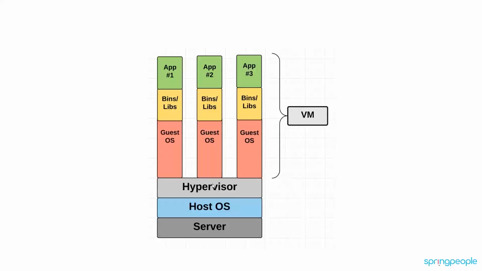We might have tested this against Tomcat 8 or Tomcat 9, some specific version. But what we give as an artifact to our DevOps engineers would usually be only the code and the configuration.